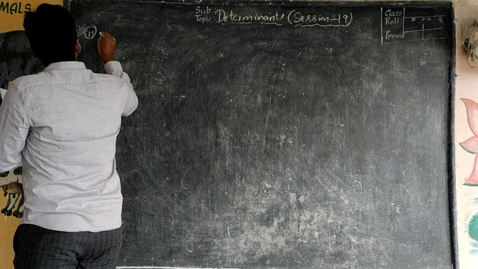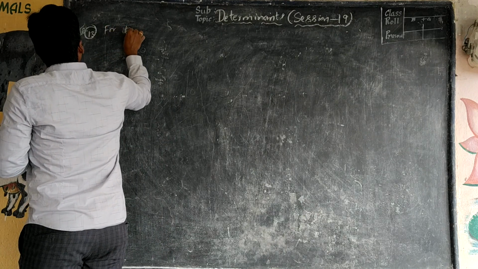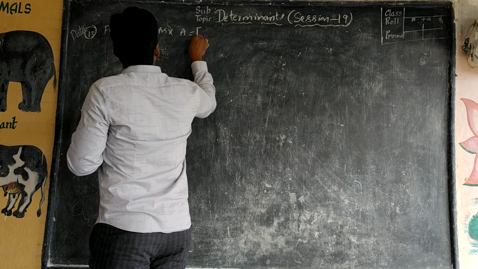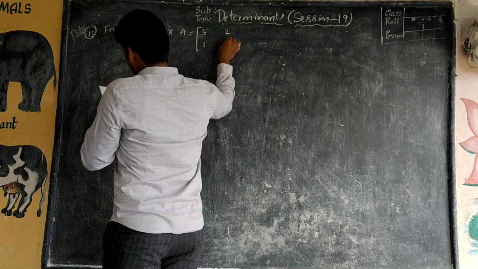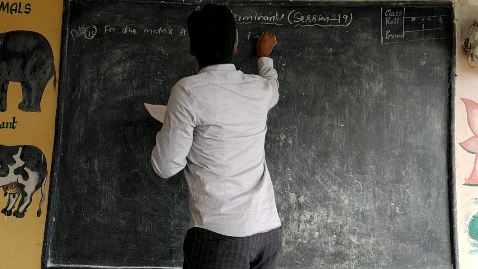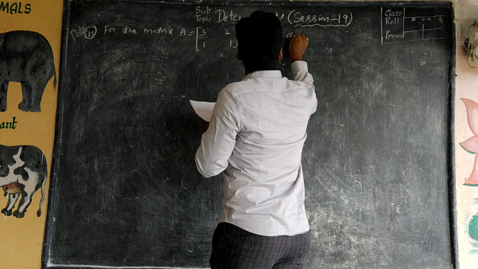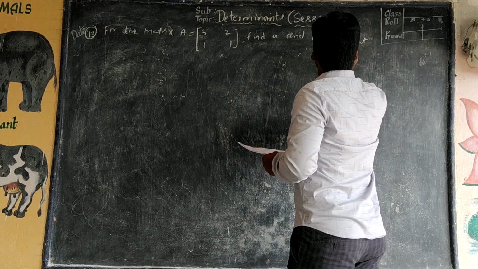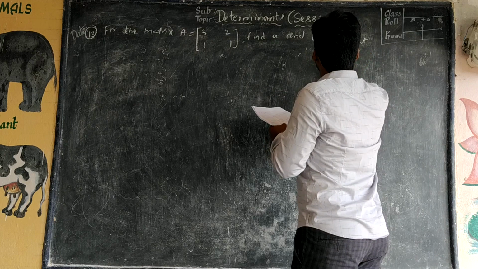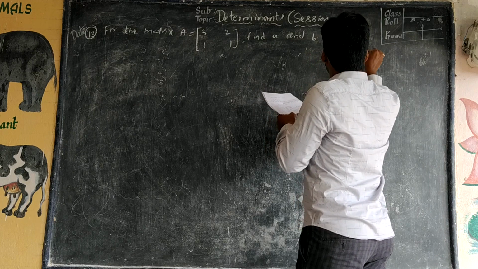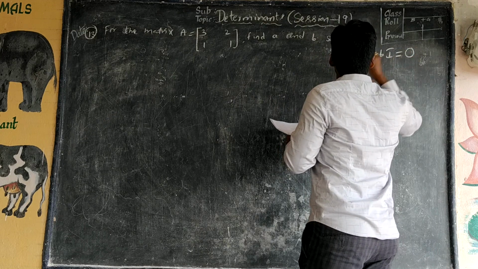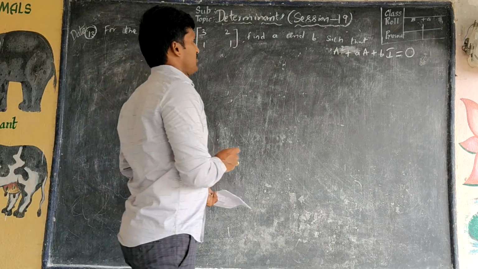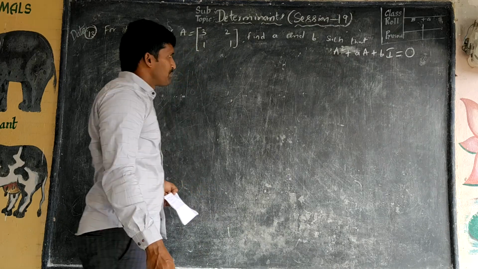For the matrix A equal to 3 2 1 1, find a and b such that A square plus small a into capital A plus small b into I equals the 0 matrix. They have already given the equation. By using that equation, we need to find the small a value and small b value.